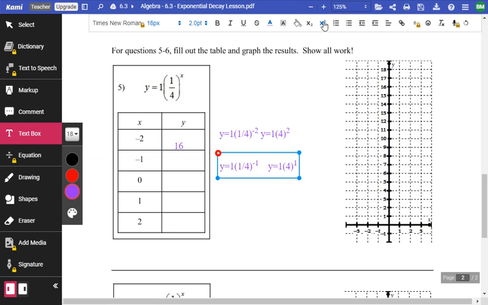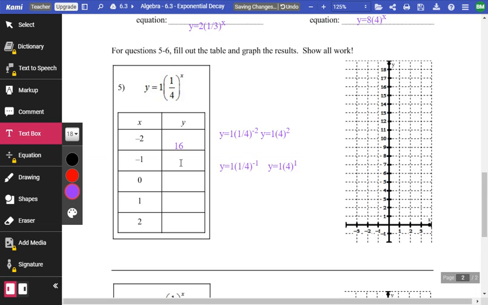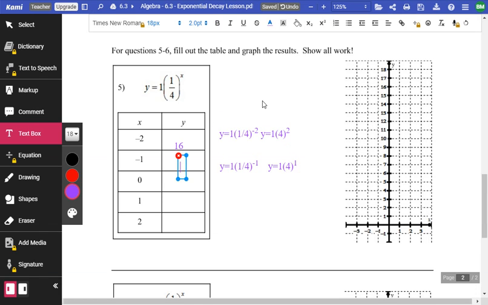And we know anything to the first power is itself, so we just get 4. Remember, when we're doing 0, we get y equals 1 times 1/4 to the 0 power. Anything to the 0 power is just 1. And 1 times 1 is 1.